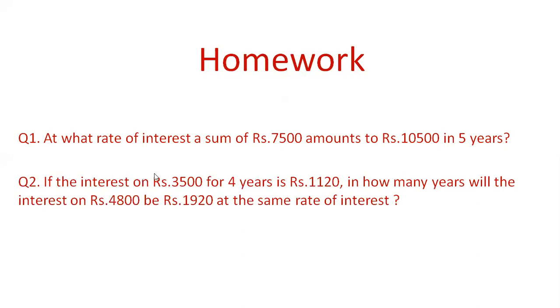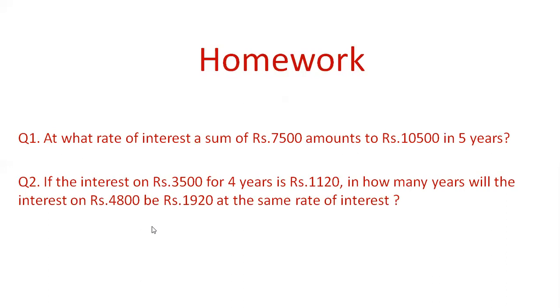Means whatever rate we find from the first case, okay? From the first case, find the rate of interest, and that rate of interest will be used here in the second case. This is the principal, and in how many years, that time we have to find out. The rate of interest we find from the first case will be used here.